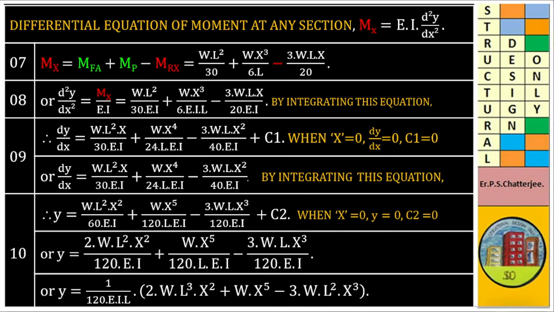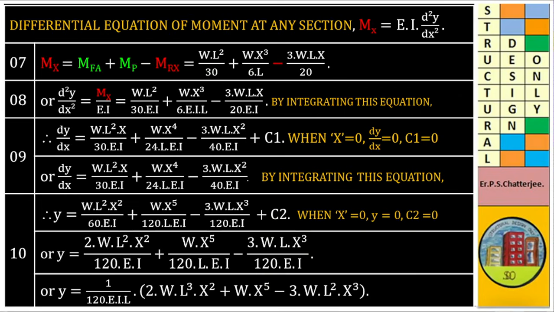By integrating this equation once again, we have y is equal to W L square into x square by 60 EI plus W x to the power 5 divided by 120 LEI minus 3WL x cube divided by 120 EI plus C2. Once again, when x is equal to 0, y is equal to 0, therefore C2 is equal to 0.